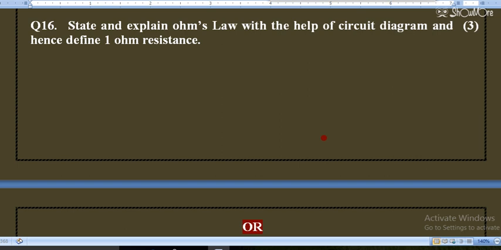I hope it is also a good question, and many students have attempted it, because it was a very easy question. So for Ohm's law, you can simply connect a battery here, and in series you can connect an ammeter, because the ammeter can measure the current.